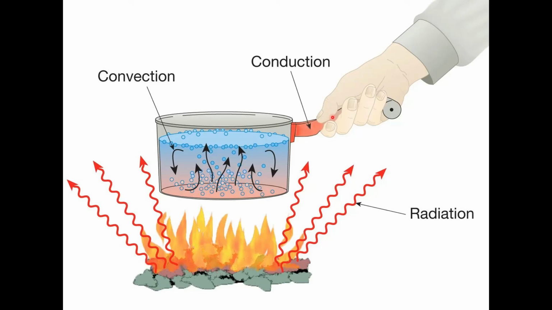Of course, the handle itself should be warming up. That's conduction, and it can eventually pass into your hand, so it's good to choose some sort of material that has a very low conductivity, so the energy transfer is very slow. And then down here on the side of the fire, coming out all around the fire, is radiation energy.